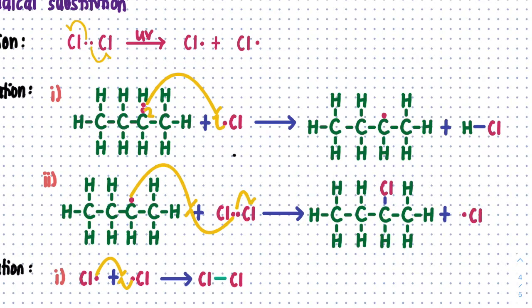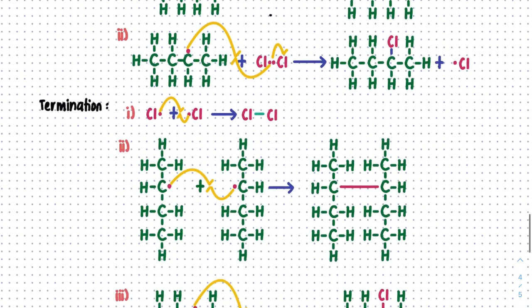Actually, this reaction can go on, the propagation can continue. Actually the chlorine can react with the other hydrogens, here, here, all of the hydrogens. But in our syllabus, we learn mono substitution. So in our syllabus, we just show only one hydrogen being substituted, mono, only one. But in reality, our radical can substitute all of our hydrogens. Okay, so that is our propagation.